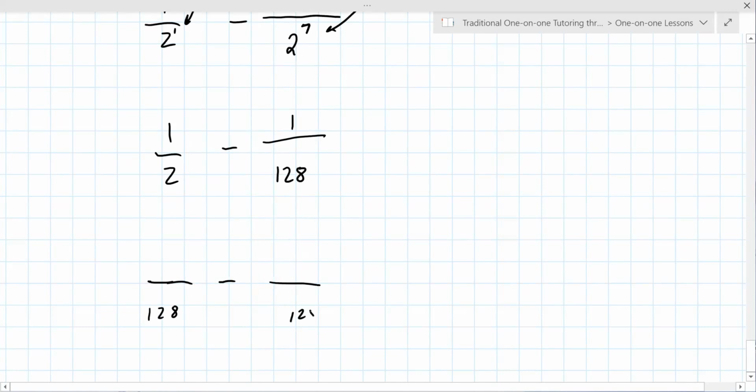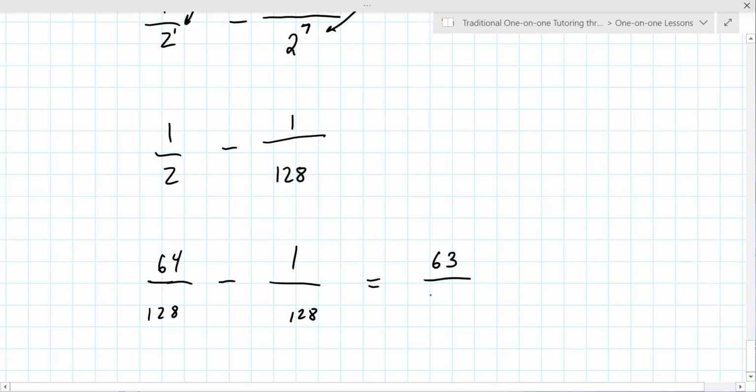Okay, I got it. What goes in the numerator over here on the left? 64. Okay, so what's your final answer?